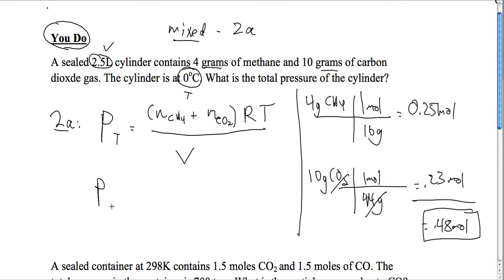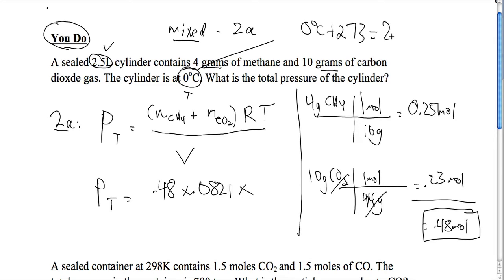And P total would be equal to 0.48 multiplied by 0.0821 multiplied by the temperature, 0 degrees Celsius plus 273 equals 273 Kelvin. And we are going to divide that by the overall volume, which is 2.5.